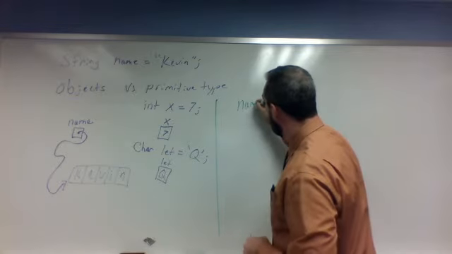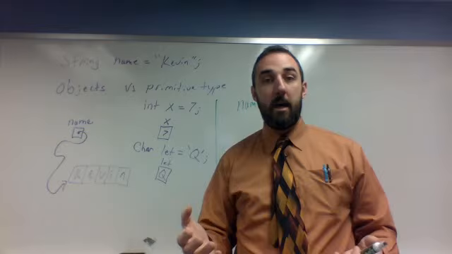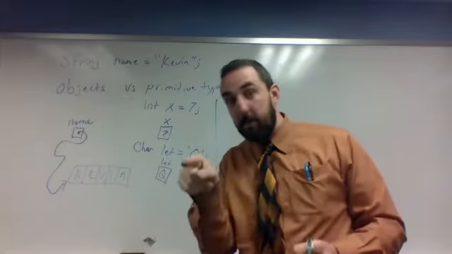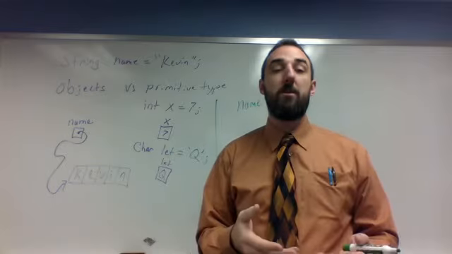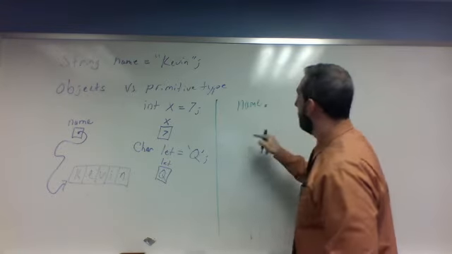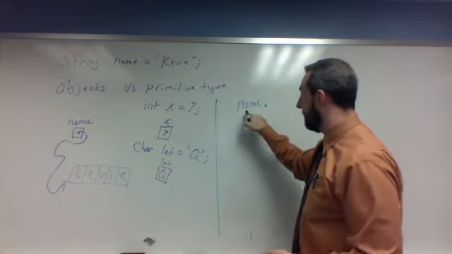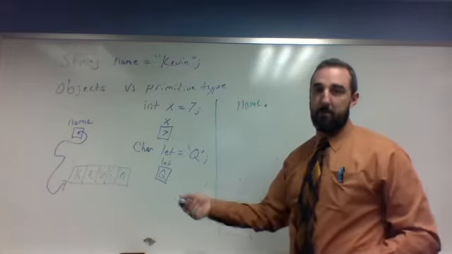We say, hey name. Just like if I wanted Joe to take out the trash, I'd say, hey Joe. And then I'd say, take out the trash, period. An imperative sentence ends in period. Well, that period comes into the Java program right after the name. When you're going to tell an object to do something, you say name dot, or object, whatever its name is, dot.